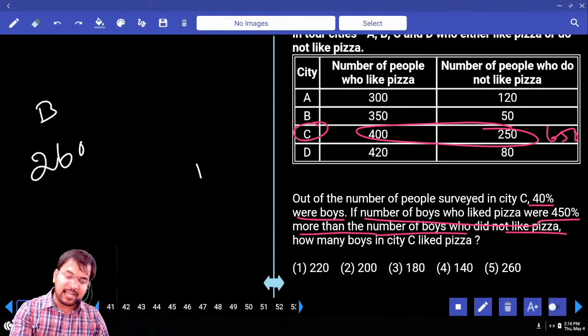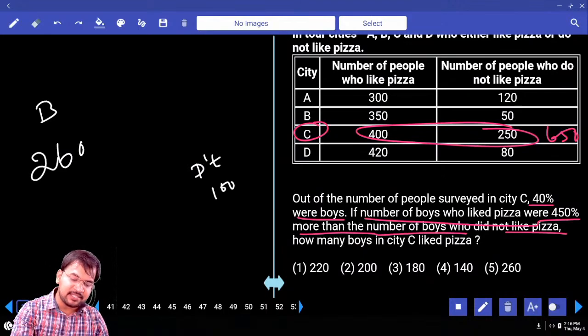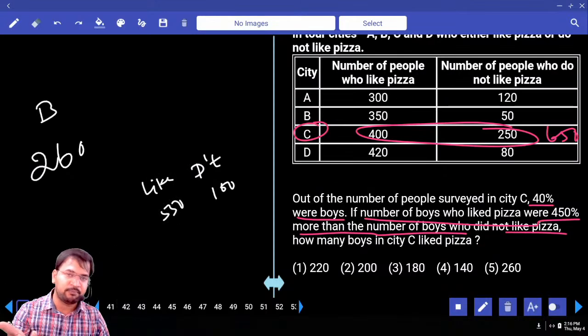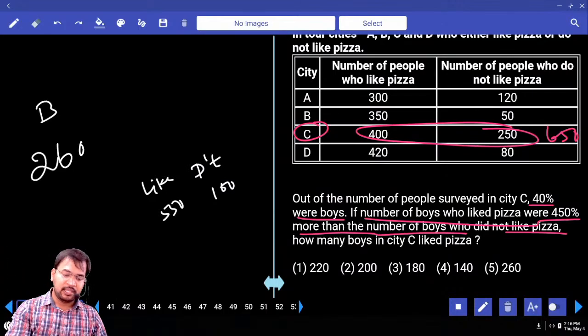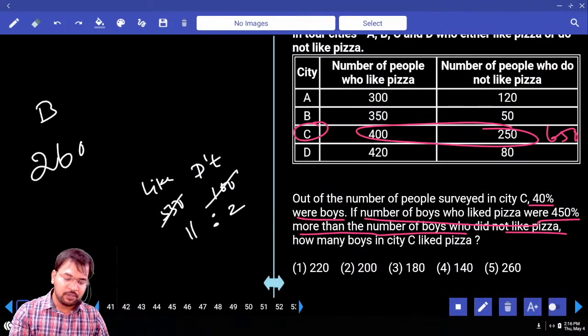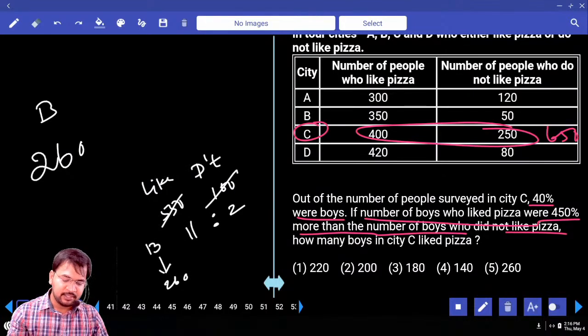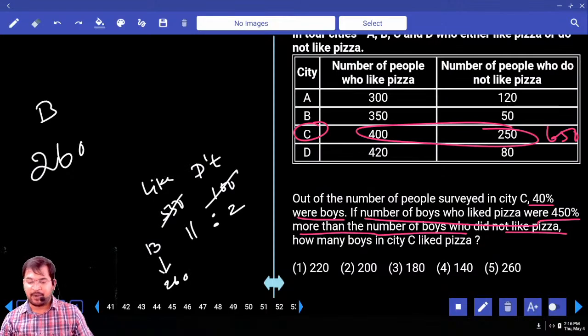So do not like pizza is 100, then who like pizza is 550. 450% more, not 450% of. That is nothing but ratio is 2:11. 2 plus 11 total 13 parts, right? 13 parts is nothing but 260. Each part is 20.